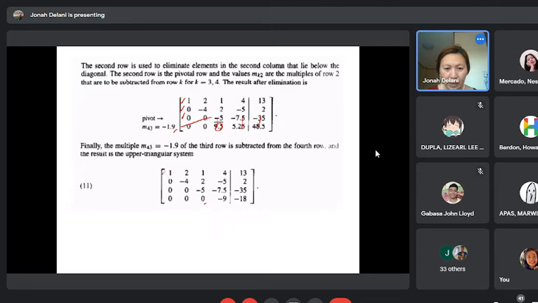Right? And now the augmented matrix becomes an upper triangular matrix, an equivalent upper triangular matrix. Notice?